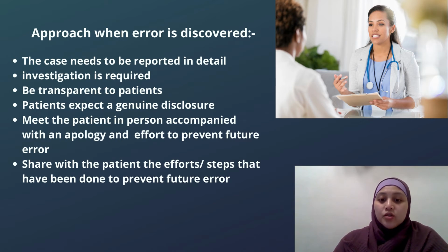You are expected to meet the patient with full explanation, accompanied with an apology and effort to prevent future error. Steps and efforts that have been done to prevent future error must be shared with the patient to ensure that the error will not happen again in future.